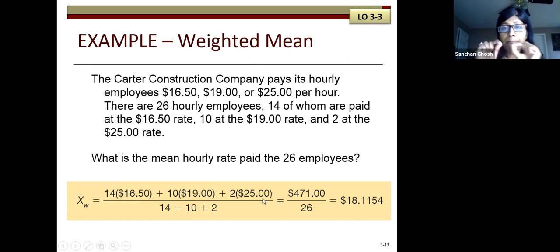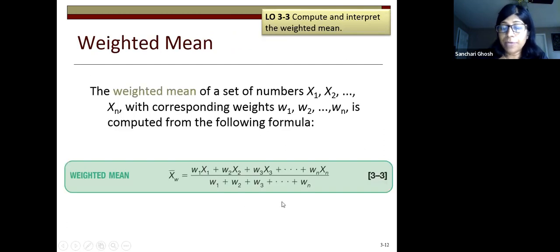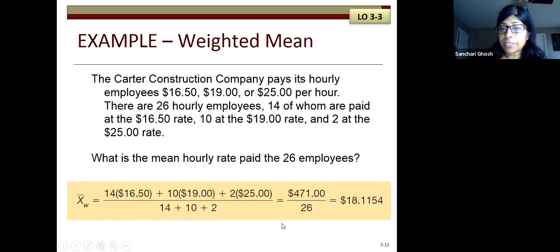So you take a weighted average instead of a plain average of 16.50 plus 19 plus 25 divided by 26. You actually divide by the weights, the employees of the respective weights, and then you get this number. You can round it up saying that the mean wage per hour in this construction company is $18.11.